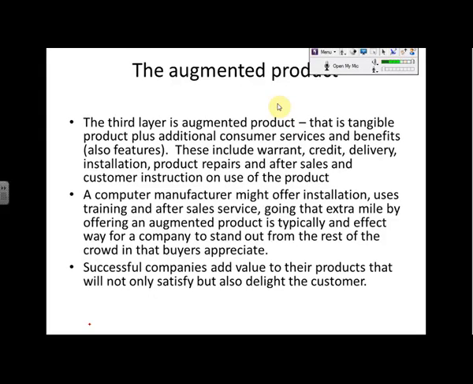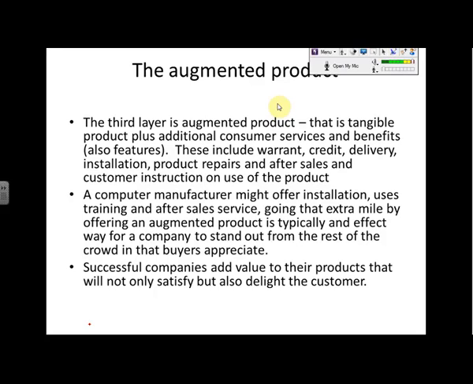You also have to understand that, for example, a computer manufacturer might offer installation and then training on how to use it, and after sales service.